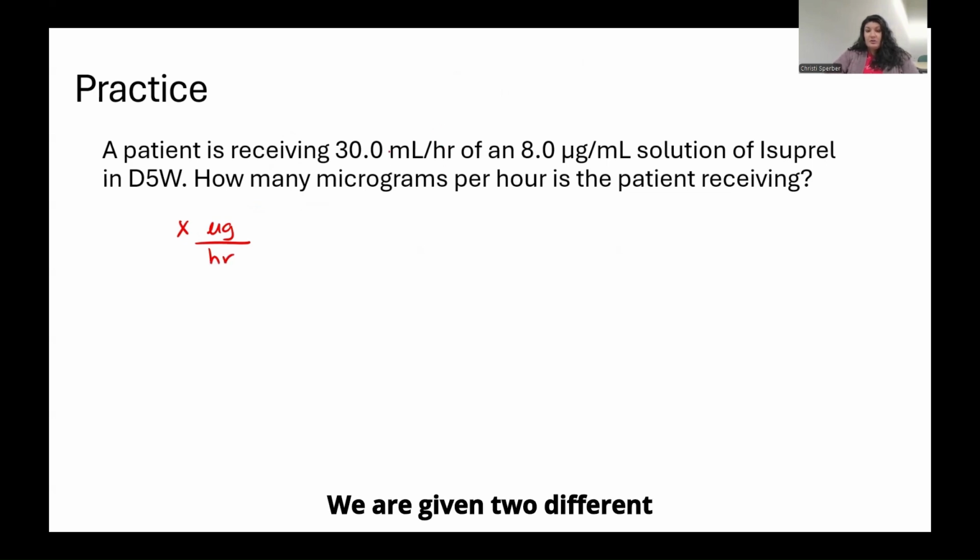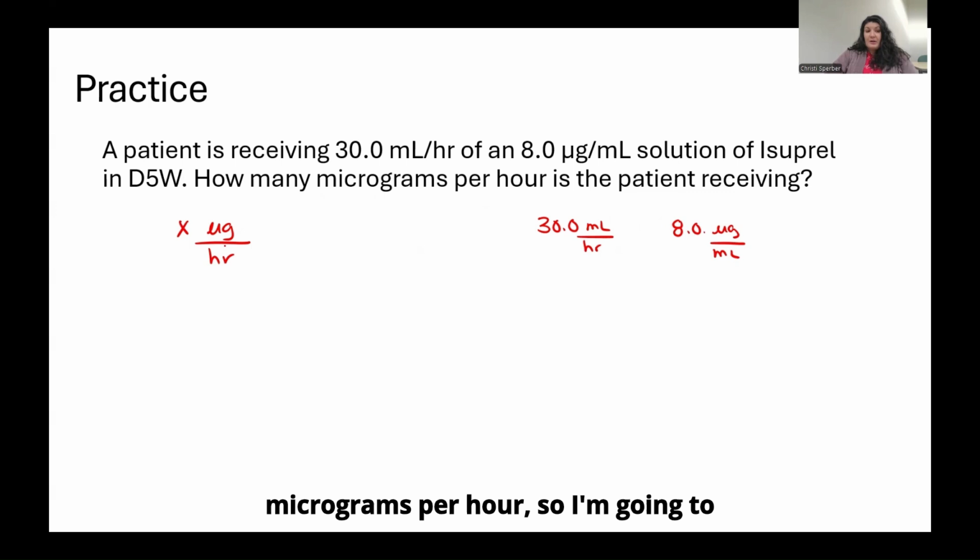We are given 30 milliliters an hour and 8 micrograms per milliliter. We want micrograms per hour. It doesn't matter which one you start with, but I'm going to start with the 8 micrograms per milliliter so that I already have my solute mass on top.